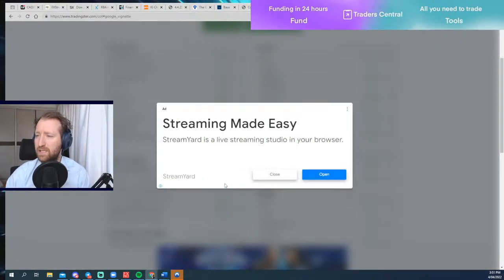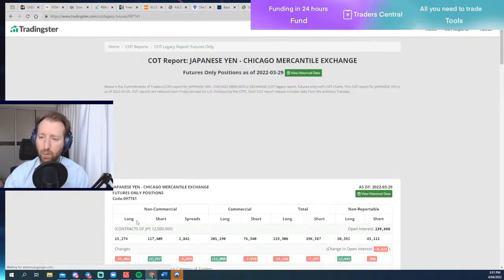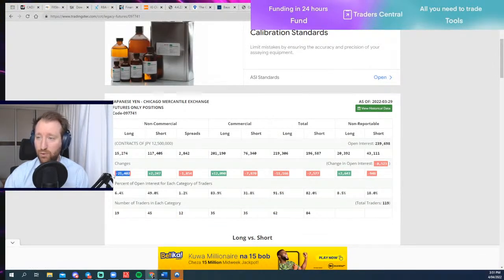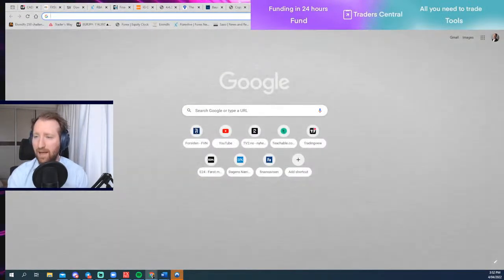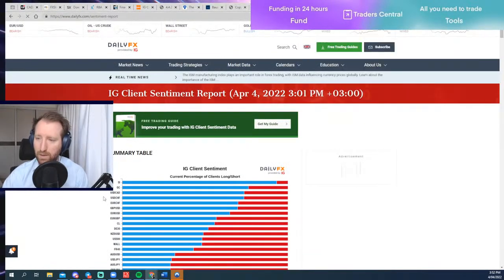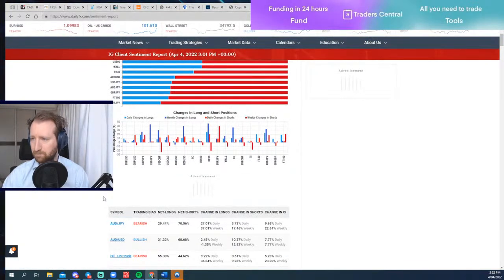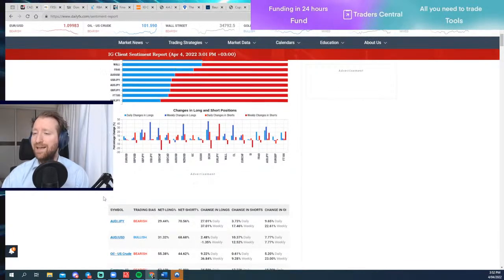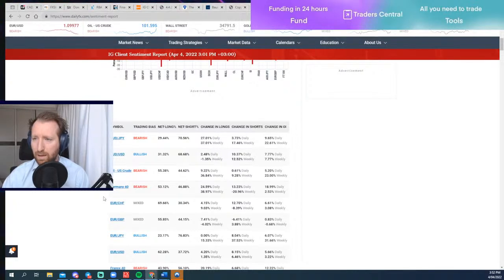But if you go to the COT for yen for this week, we have 21,000 contracts going off. There's almost no buyers left on Japanese yen, right? Almost no buyers left. So if you're thinking this is a fantastic trend that is still going to continue, the last thing you then want to look into is another sentiment: what are retail traders doing?